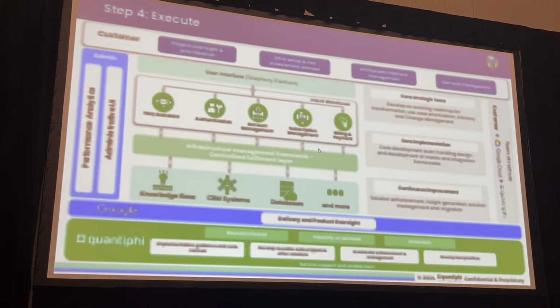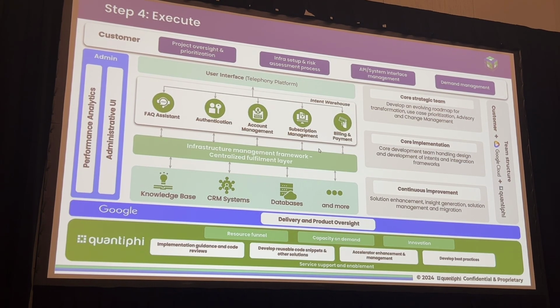And then finally, execute. Again, execution is something that Quantiphi as an organization takes a lot of pride in, because we really do well at identifying who should do what and who should not do what.